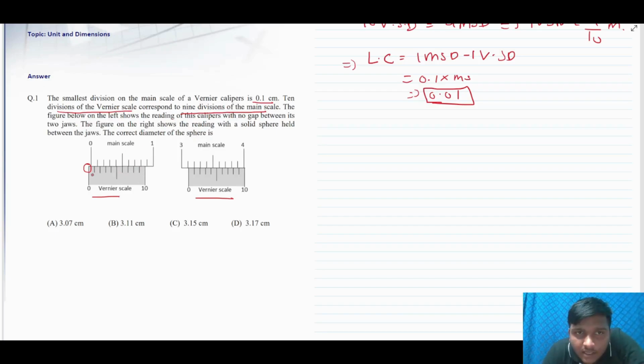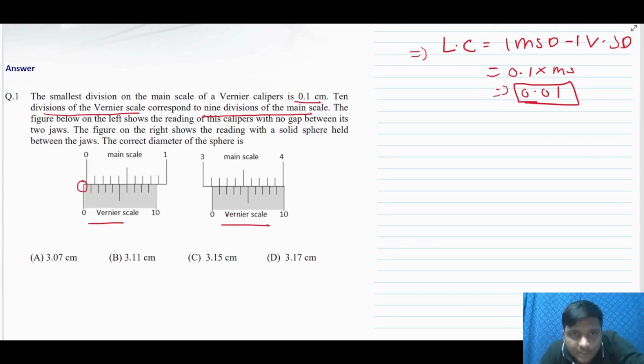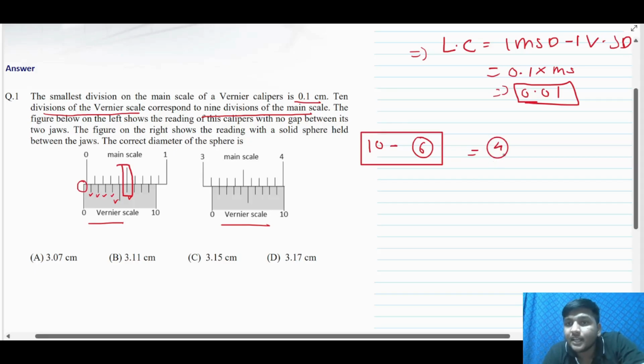Whenever there is this kind of zero error, first we have to find which Vernier scale reading is matching with a main scale reading. You can see that this one is matching perfectly, which is the 1, 2, 3, 4, 5, 6th reading. So the 6th division is matching with the main scale, but the twist is that as it is a negative error, there are 10 Vernier scale divisions, so we have to subtract 6 from 10 and take 4, which is the negative zero error.